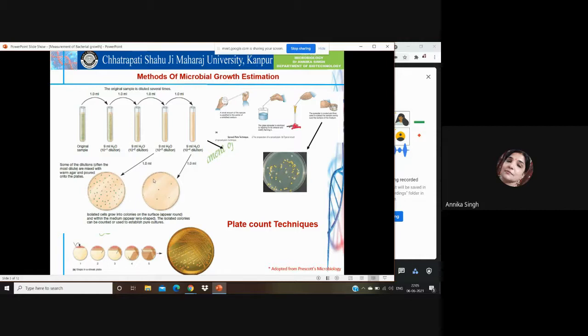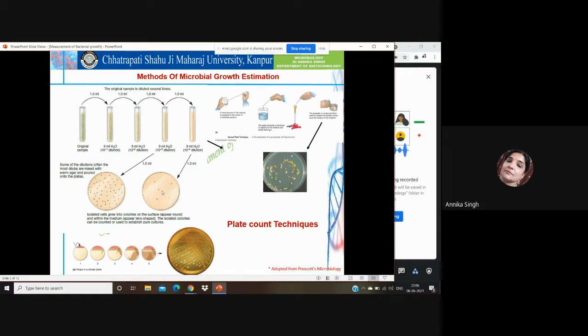So after cooling the agar medium to 45 degrees Celsius or 40 degrees Celsius, a small amount of diluted sample is added into the Petri plate along with the molten agar, and the plate is filled so that the sample is evenly distributed into the molten agar, and then it is incubated for 8 to 24 hours to obtain discrete pure colonies.